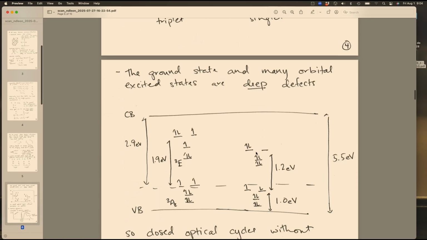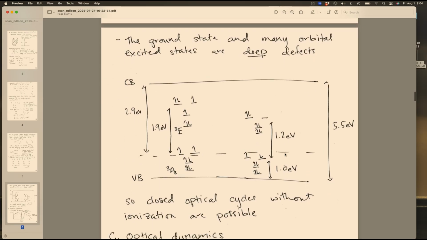And then I can start to draw an entire orbital energy diagram that shows where all of these different configurations are relative to the band gap. Here I have a spin triplet manifold with my ground state and my first orbital excited state. Don't sweat the term symbols too much, but the energy splitting between these is 1.9 eV.